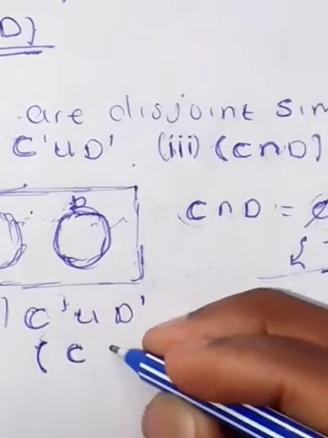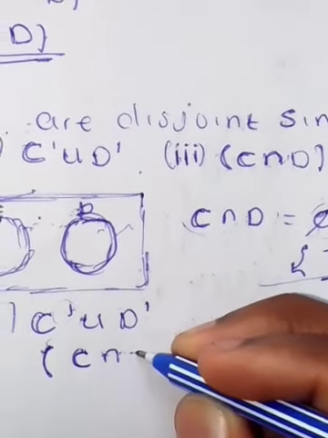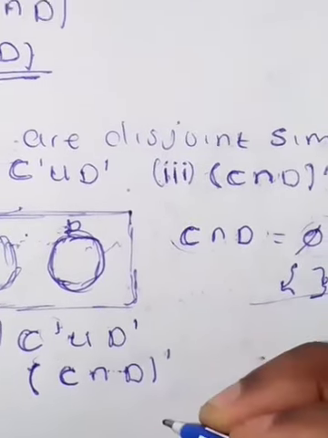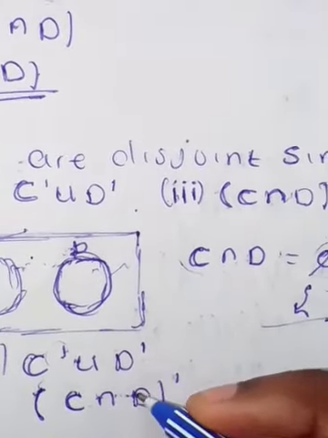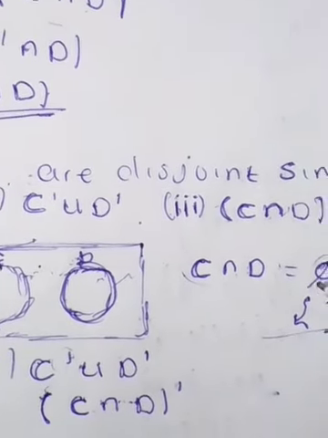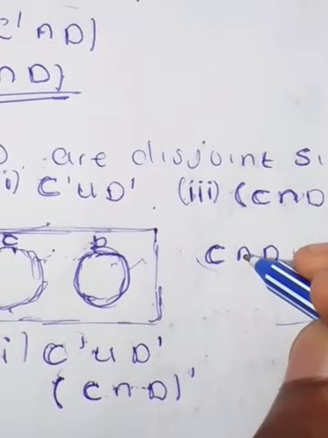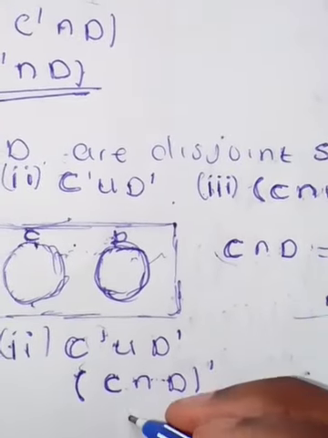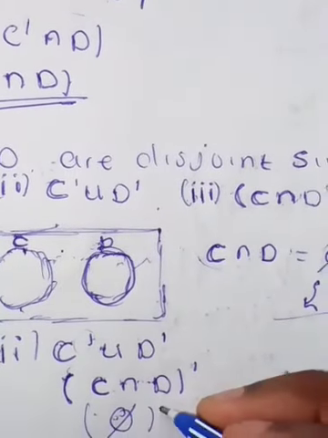C, this is going to change to intersection D, and this is going to go outside. So now, as you can see, we have C intersection D, and if you recall, we said that since they are disjoint, wherever we are going to have C intersection D, we are going to put an empty set. So meaning that we have an empty set complement.